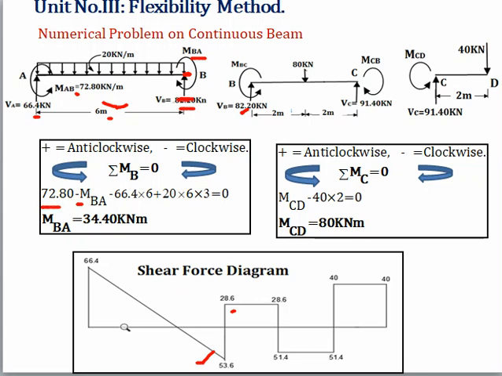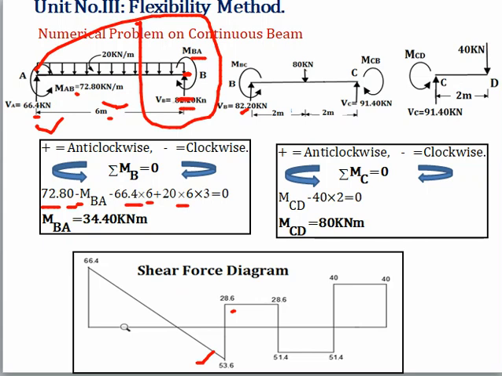This value is 72.80, so plus, anti-clockwise, plus 72.80. The next one is MBA, which rotates in a clockwise sense, our assumption, so minus MBA. Then the moment due to this 66.4 about this point B: 66.4 into span 6, rotating in a clockwise direction. So for clockwise it is minus 66.4 into 6.